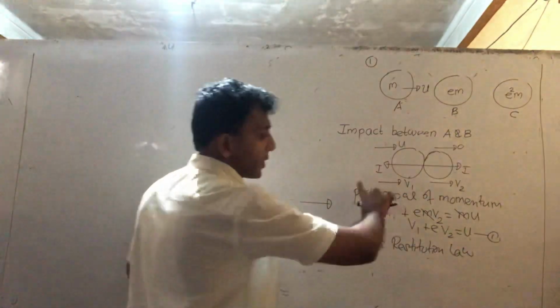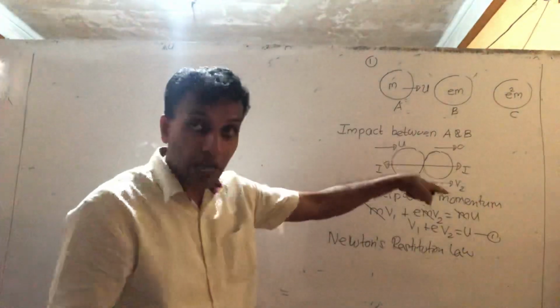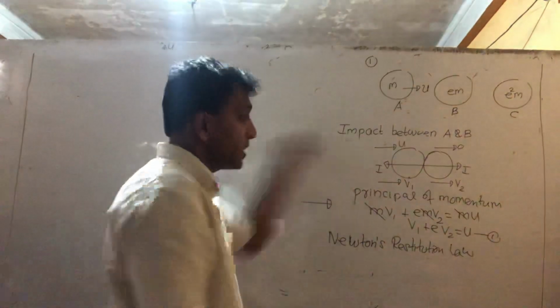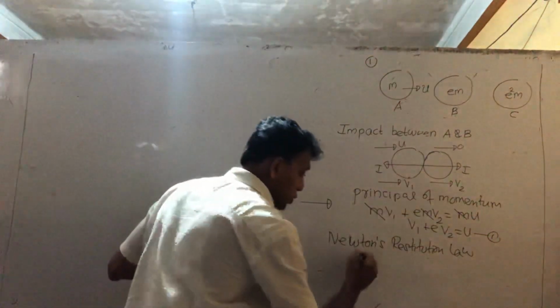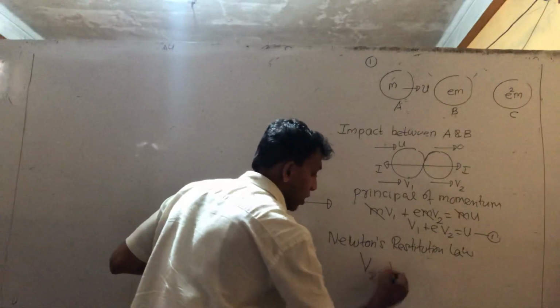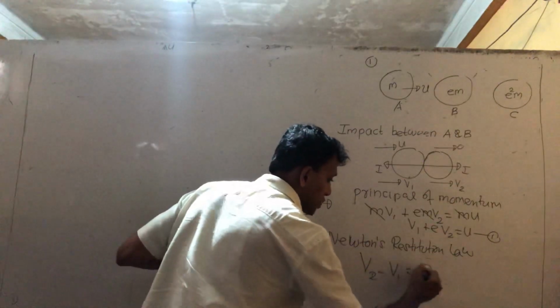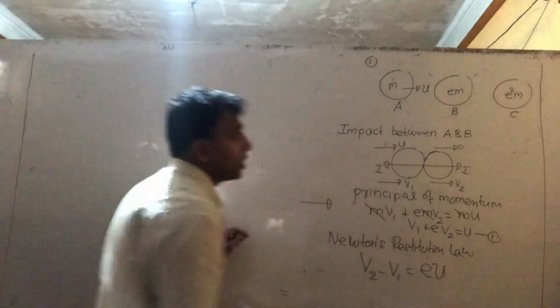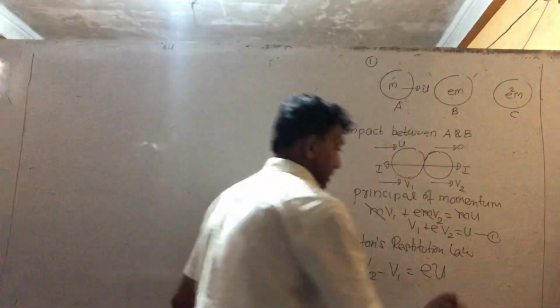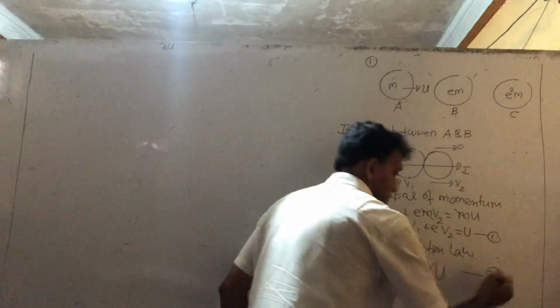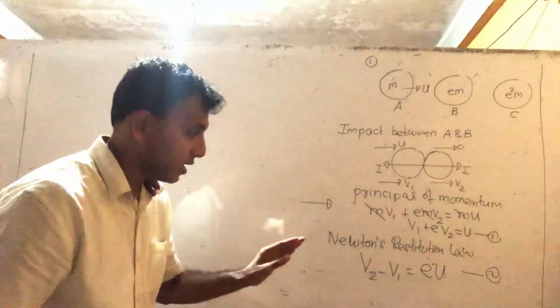So what is the separation velocity here? v2 is larger than v1 because B is hit and rushes faster. Therefore v2 minus v1 equals the coefficient e into the approaching velocity. Here the approaching velocity is only u, the other is at rest. This is the second equation. That's all the applied maths part here.